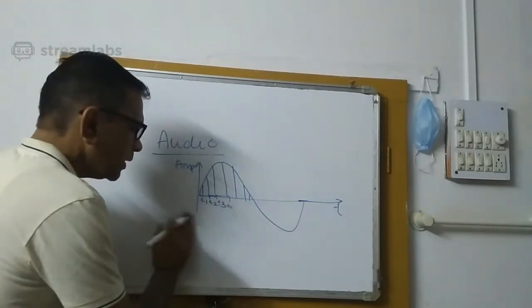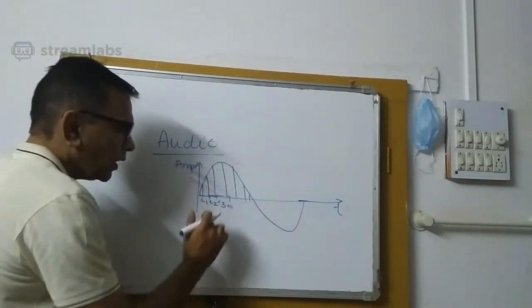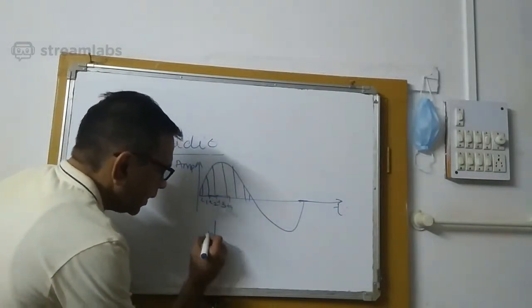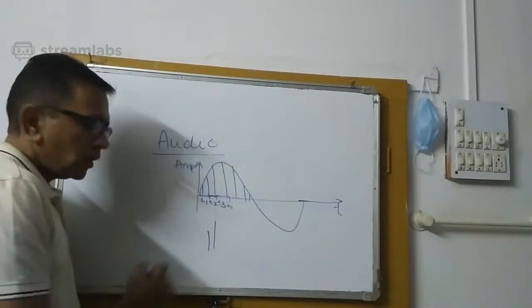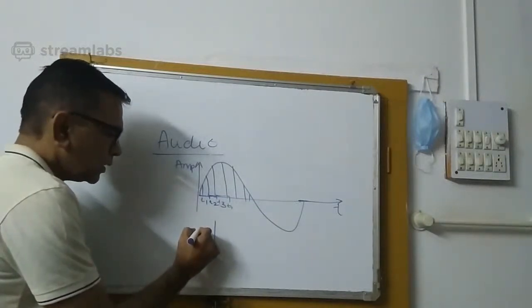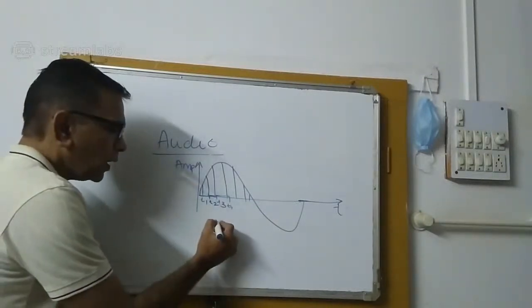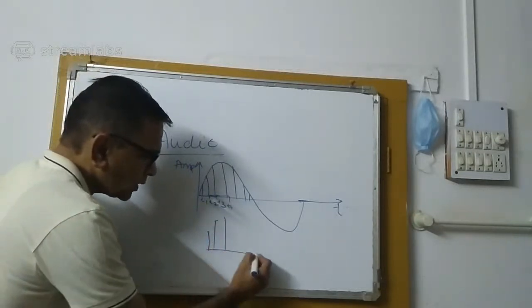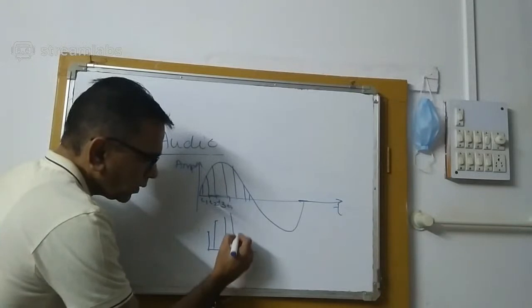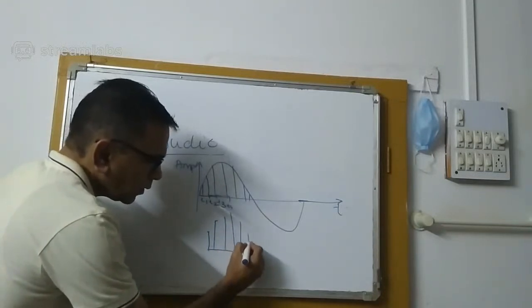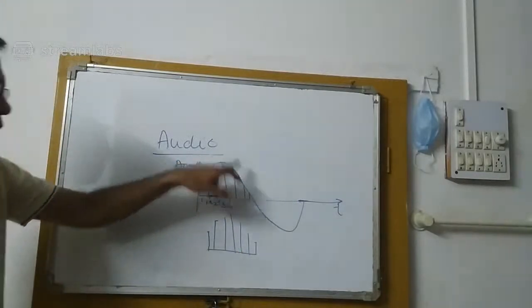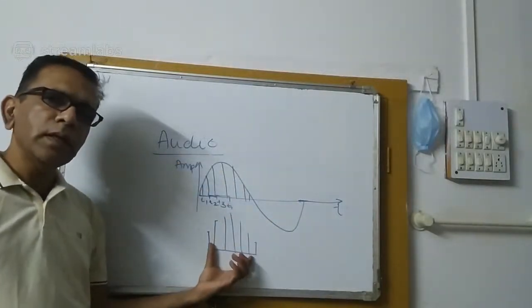So if you take samples at different time intervals, your waveform will look like this now. At this time interval the value is some amplitude value. At this time, what is the amplitude value? That is shown over here. You see, your continuous wave is now represented in this fashion.